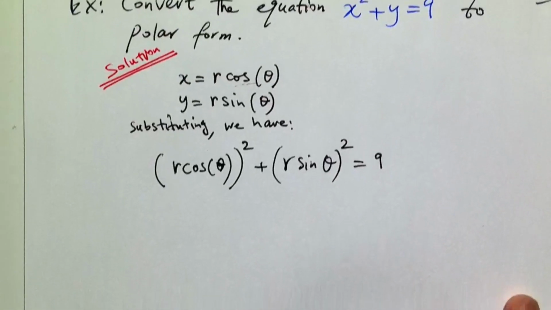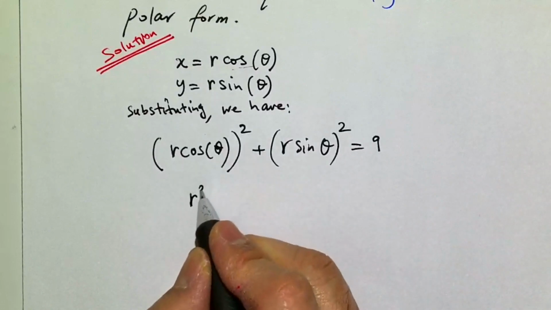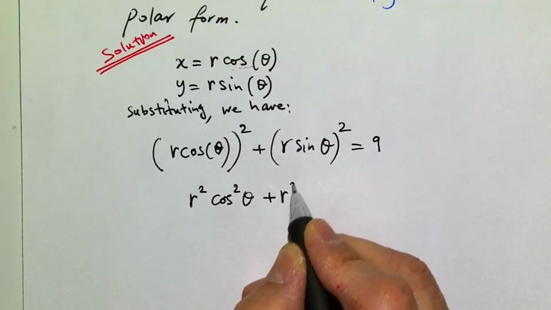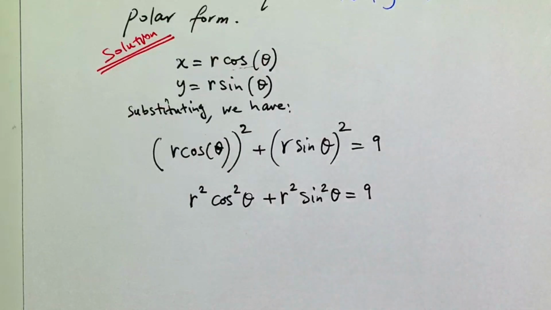Well, what do we have here? Then let's distribute the power. What do we get? We get r squared cosine squared theta plus r squared sine squared theta equals 9, right?